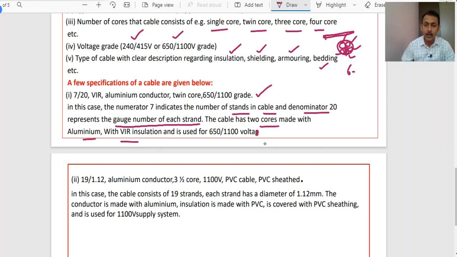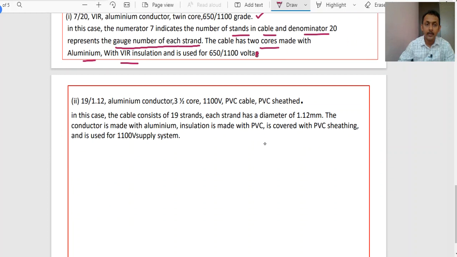For example, if you have seen somewhere a specification like this: 19 by 1.12 aluminum conductor, 3.5 core, 1100 volts, PVC cable, PVC sheathed. In this context, the cable consists of 19 strands. Each strand has a diameter of 1.12 mm, right?